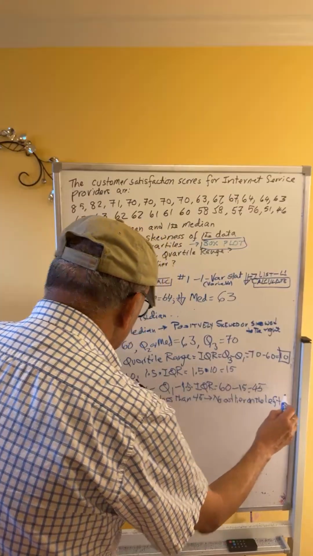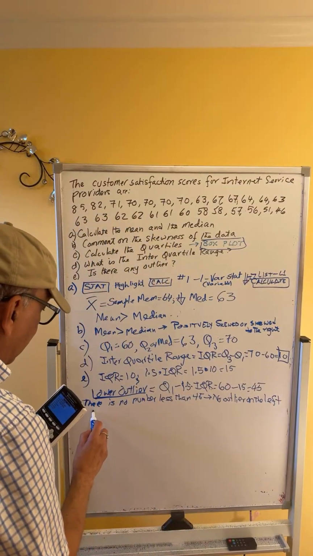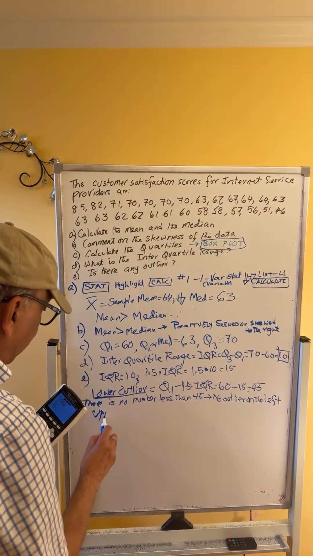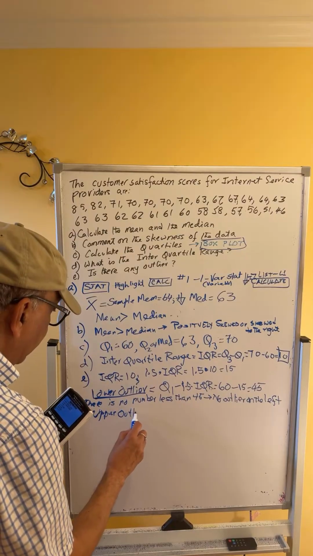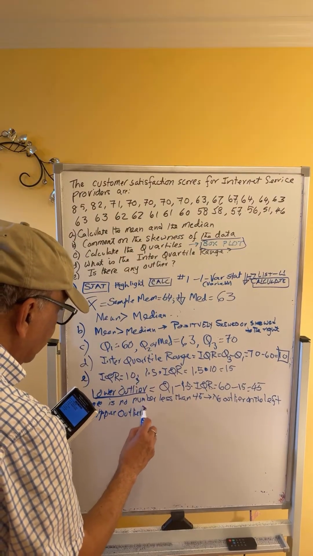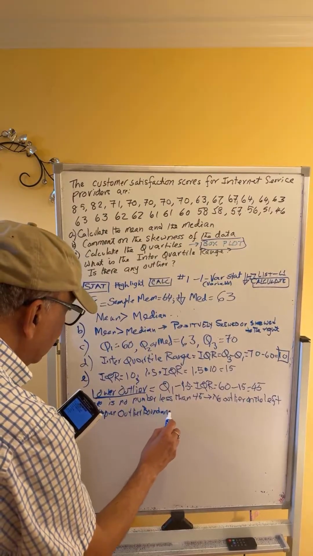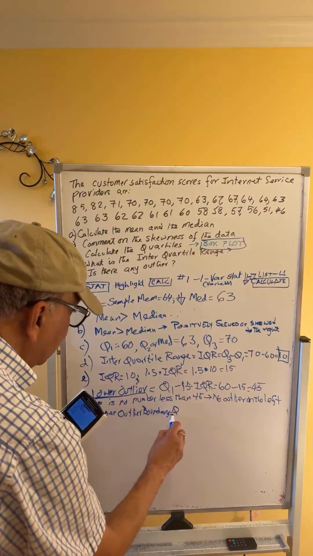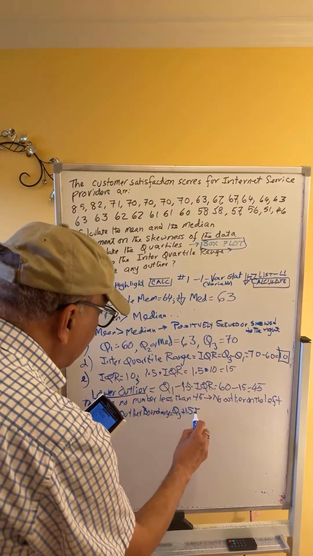Next, we did the lower outlier boundary, now the upper outlier boundary. The upper outlier boundary is equal to Q3 plus 1.5 IQR.